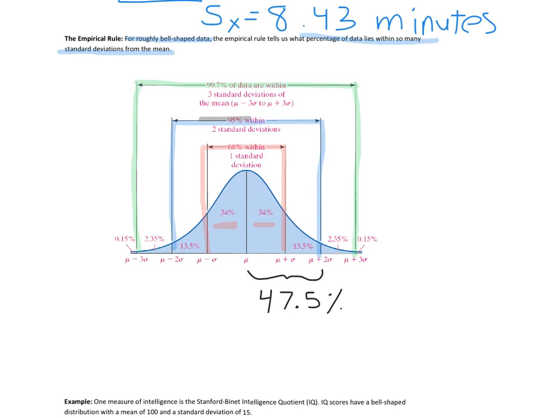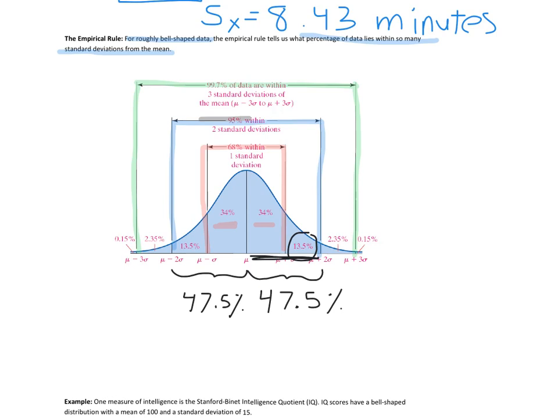Okay, so we know 47.5 would be in 1/2 because of all this nice symmetry. So 47.5 would be here, and 47.5 would be here. And it all adds up to 95. Okay, so that's how they were able to get this 13.5%, because 47.5 minus 34 is 13.5.